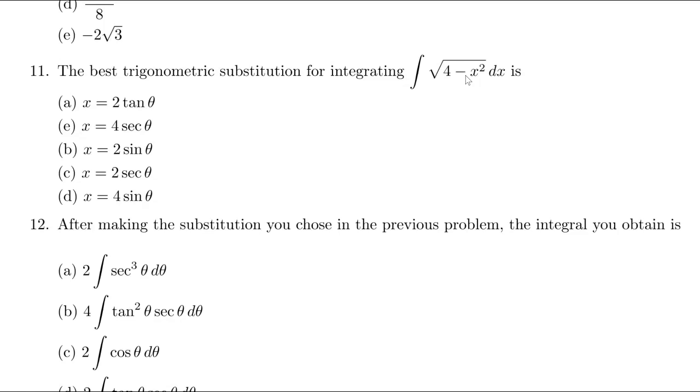And in trigonometric substitution, we only have two choices. You can have cosine squared theta plus sine squared theta is equal to 1. The other one is 1 plus tangent squared theta is equal to secant squared theta.